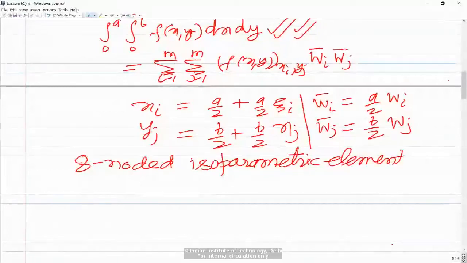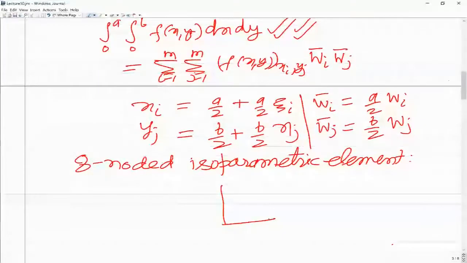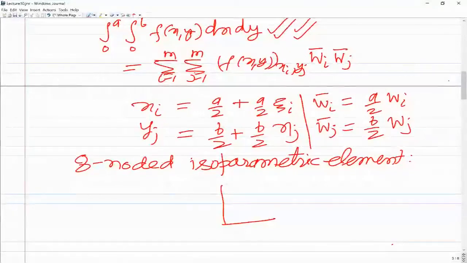In this case, these are isoparametric elements in the physical coordinate space. The element can be a simple rectangle, or it can be an arbitrary quadrilateral, or the element can have curved boundaries. So all that is possible.